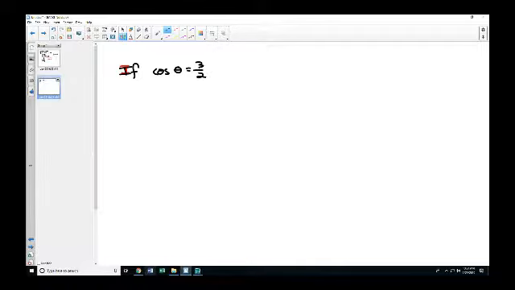Okay, so we can use identities to our advantage. If cosine of theta is 3/2, calculate secant theta.